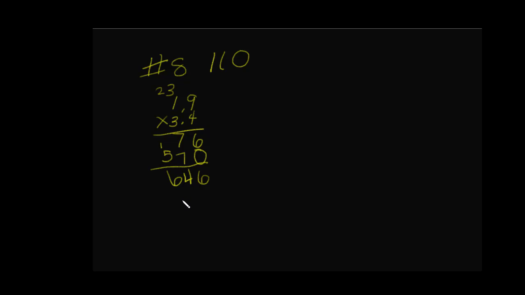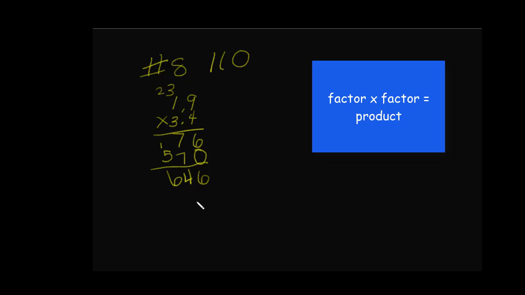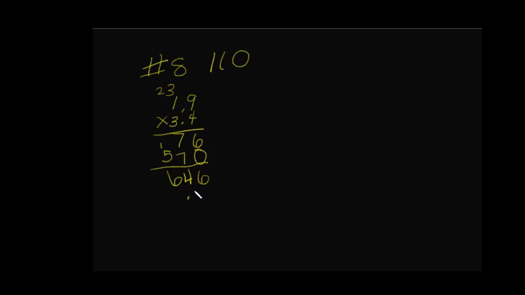Now I'm going to take the next factor, because factors make up a multiplication problem, remember? And our next factor is, let's put our decimal back in here. So I have 1 decimal place here, 1 decimal place here.